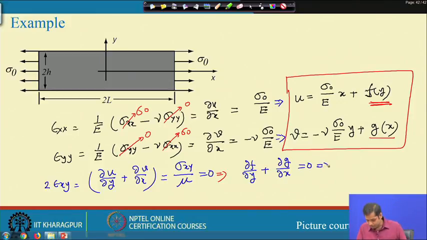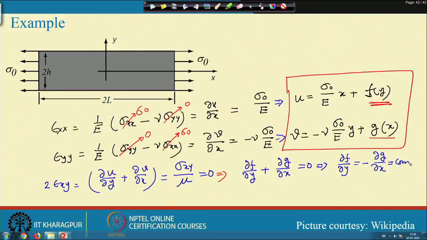This gives you del f del y is equal to minus del g del x, which is equal to some constant.